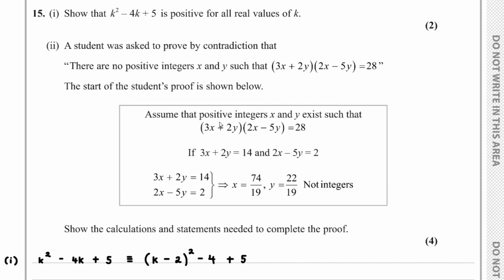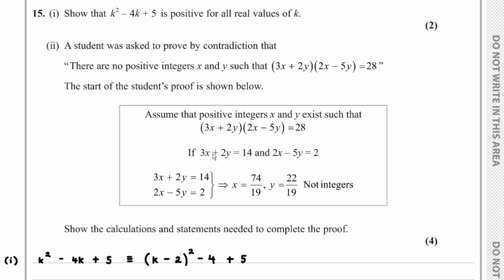So, assume that positive integers x and y exist such that 3x plus 2y multiplied by 2x subtract 5y equals 28. And then what they've done is they've set the 3x plus 2y equal to 14 and the 2x subtract 5y equal to 2. Notice the 14 and the 2 are factors of 28.